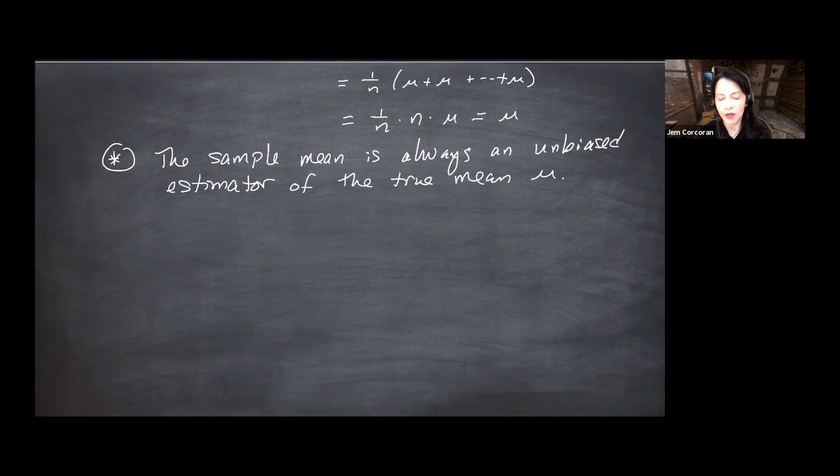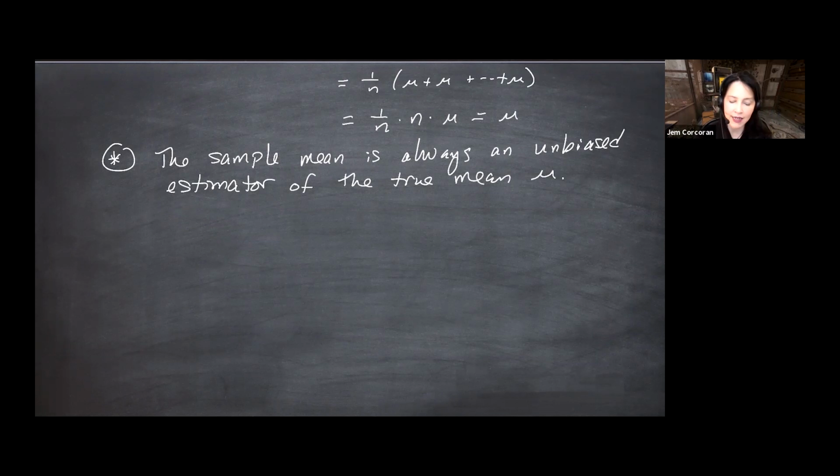Something else I want to look at before talking about bias is the spread of this estimator. Because if you get a sample of size n and compute the sample mean numerically, and then you get another random sample out of the overall population and compute the mean, and get another one, you'll get different numbers.